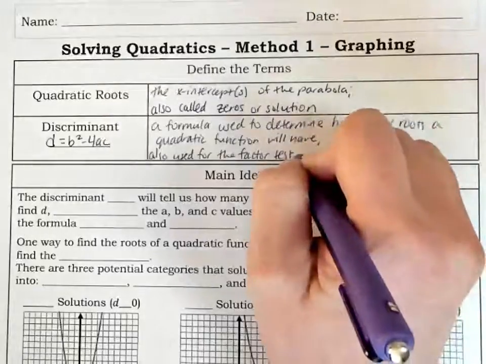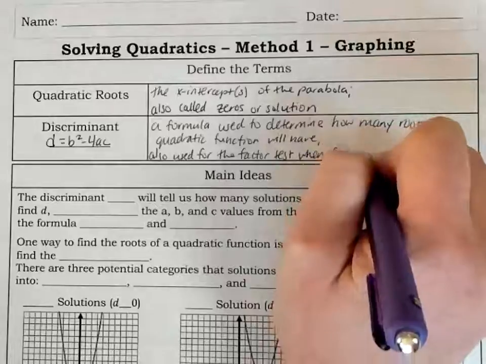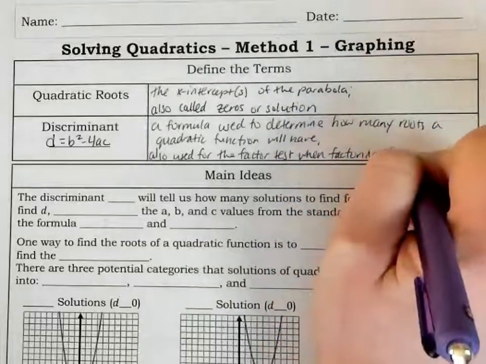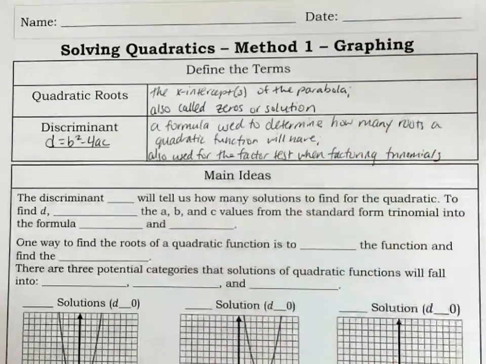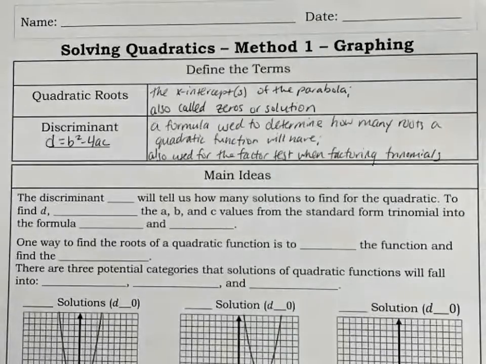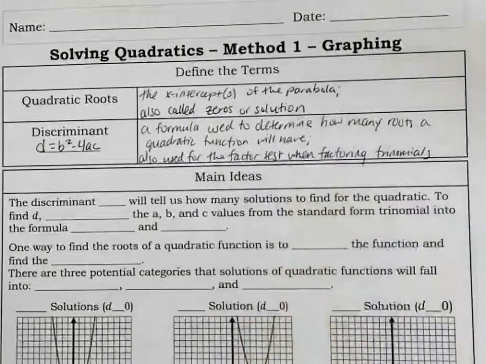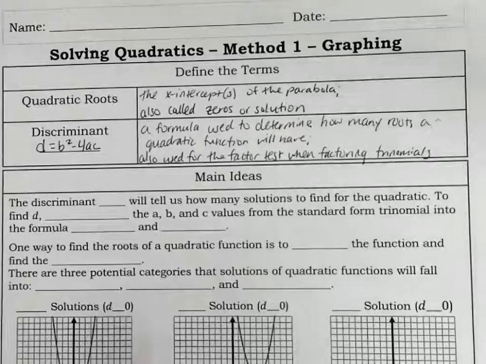We used it for the factor test when factoring trinomials, so just as a reminder there. But this is the discriminant. It's the formula used to tell us how many roots the quadratic function will have. We used to use it when we factor trinomials to tell us if it could be factored. Now it also tells us how many solutions a quadratic will have.